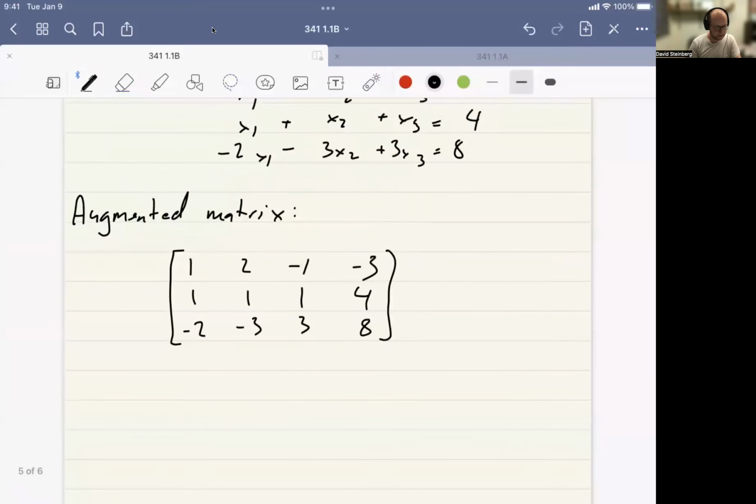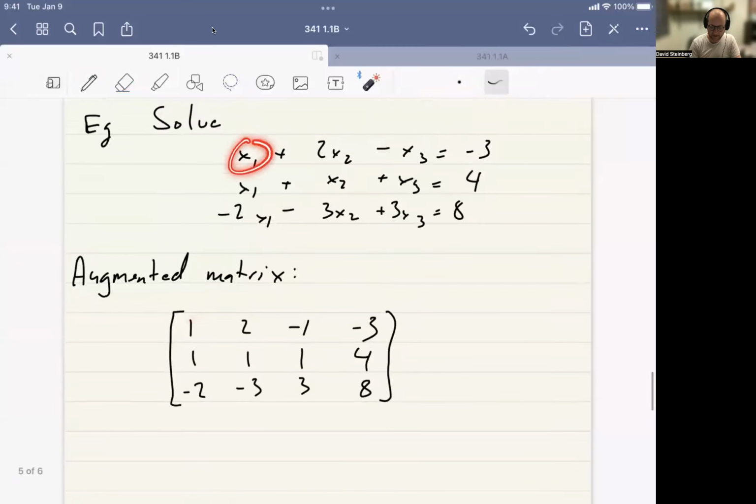Okay. And so we want only one mention of x1. So let's use this x1 to eliminate the other mentions of x1.